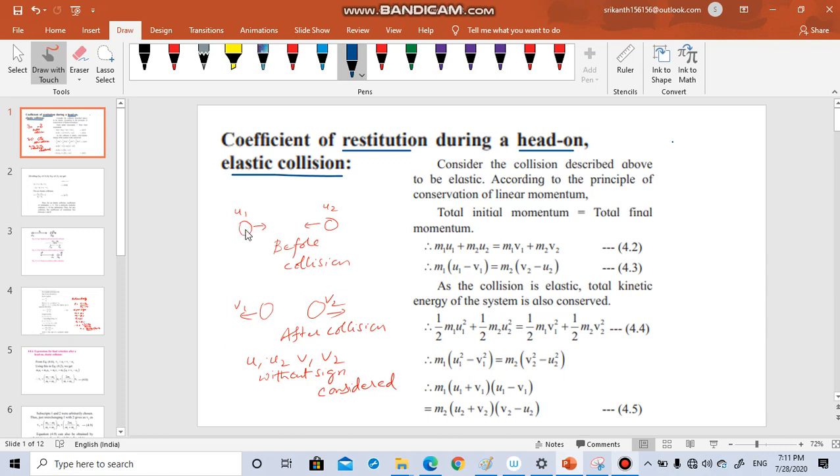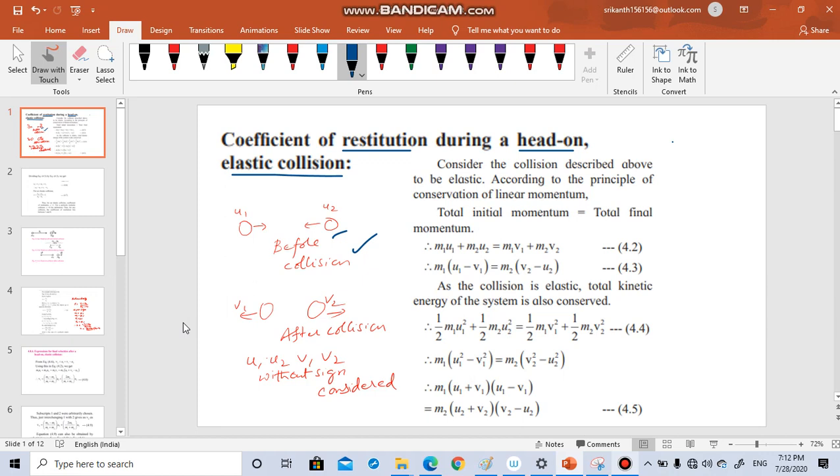In terms of a picture, you can understand it like this. There is a body of mass m1 on the left and mass m2 on the right. u1 and u2 are the initial speeds. This is before collision. Then they collide, and v1 is going in this direction, v2 is going in this direction. After collision both may go in the same direction, or both may go towards left, or opposite.